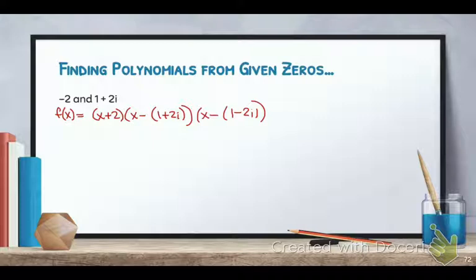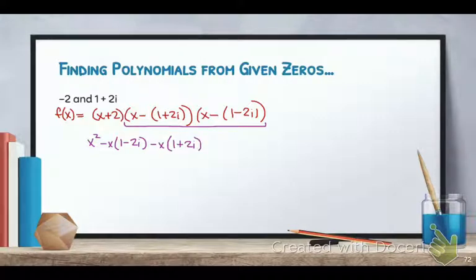Now we can distribute. Why don't we distribute the i parts first, because they look a little more difficult. x times x gives x squared. x times the negative part gives negative x times (1 minus 2i), and then minus x times (1 plus 2i).